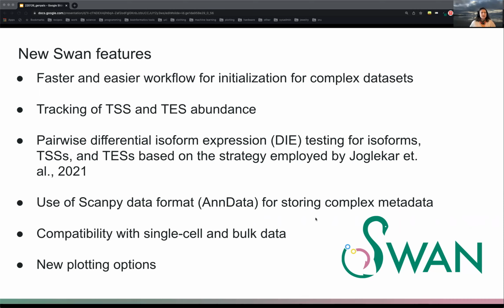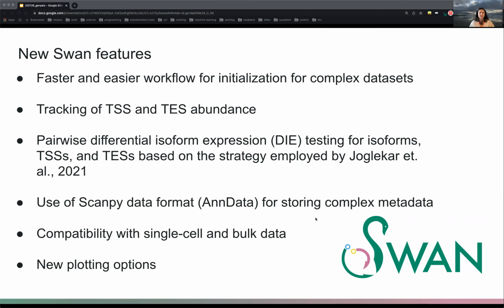I also implemented a more robust statistical test to find these isoform switches, as well as find transcription start site and transcription end site switches, using a framework that was not developed by myself, but still worked very well in our hands nonetheless.